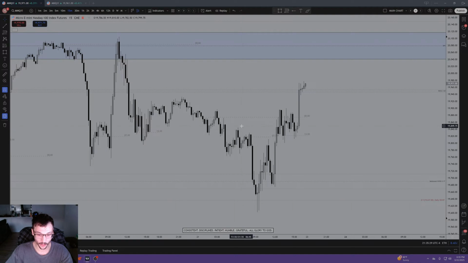So the market's whole goal is to maintain a balanced price. That's why you see it balancing price and then moving away, and then balancing price and moving away. So those are key things to pay attention to.